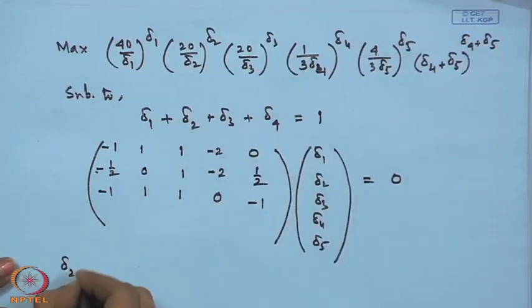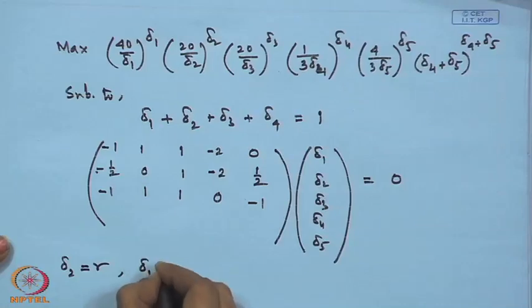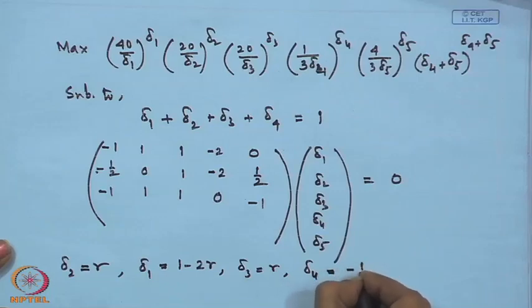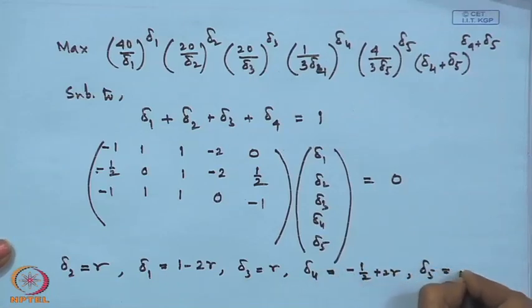If we consider delta 2 is equal to r, then we will see that we will get delta 1 is equal to 1 minus 2 r. This is simple calculation we can do from the constraint set. Delta 3 equal to r and delta 4 equal to minus half plus 2 r and delta 5 equal to minus 1 plus 4 r.